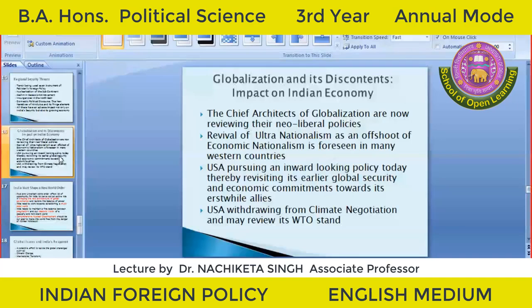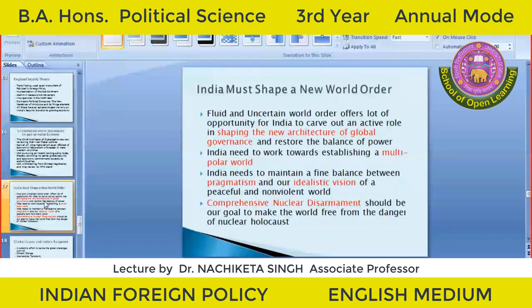So we also had to change many things as far as our economic system and economic policies were concerned. As you know, we were a mixed economy with socialist orientation. So all these things had to be changed. India's foreign policy from now on has to be understood in terms of India's foreign economic policy.